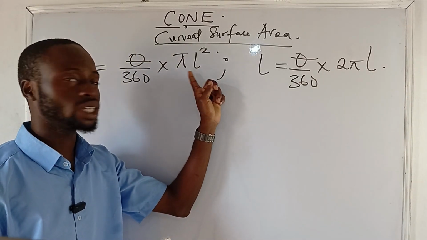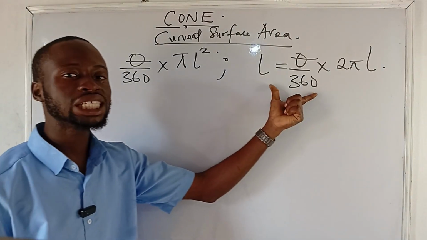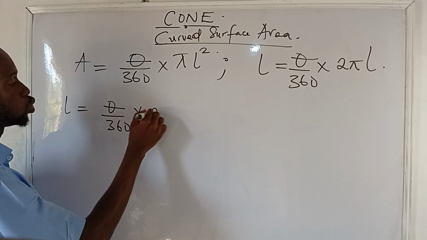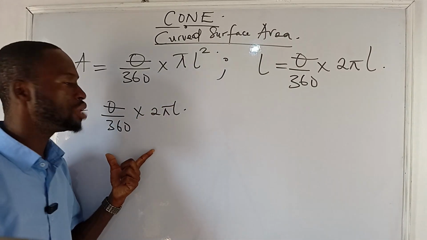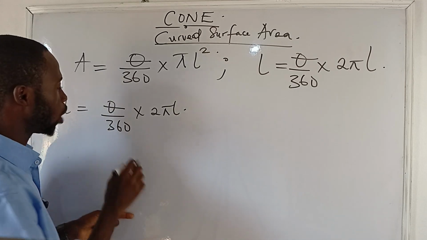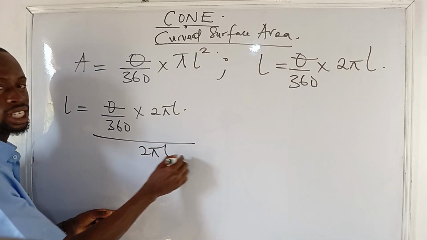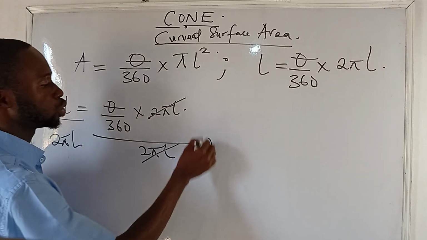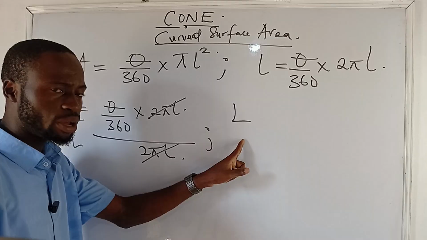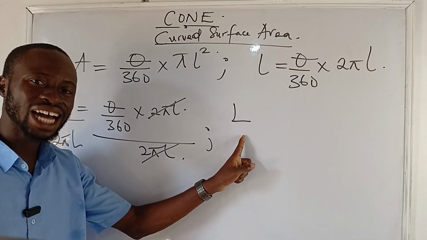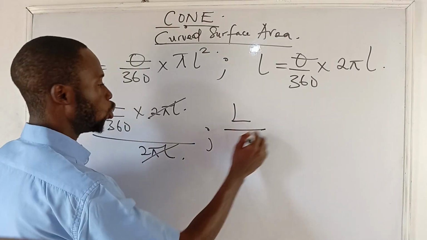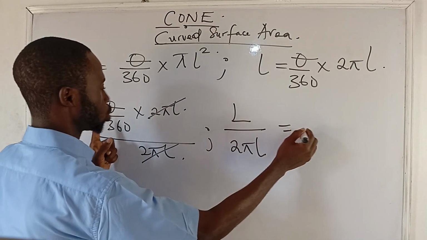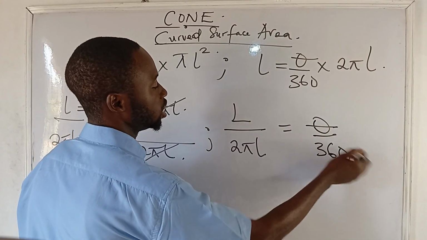If I consider this length of an arc formula, I have the length of the arc equals theta over 360 times 2 pi L. If I try to make theta over 360 the subject, I will divide both sides by 2 pi L, then this cancels this. Then what we are left with is length of an arc over 2 pi L equals theta over 360.